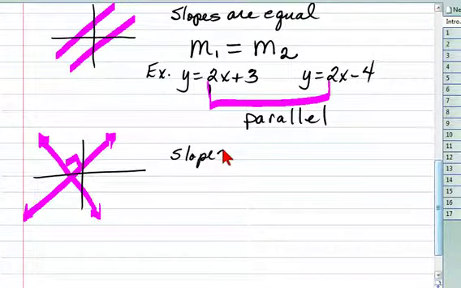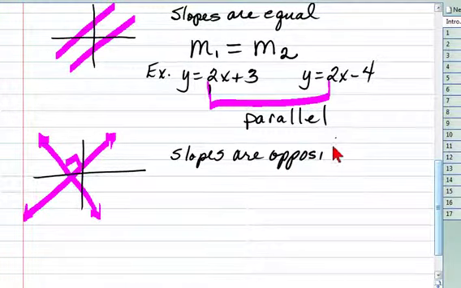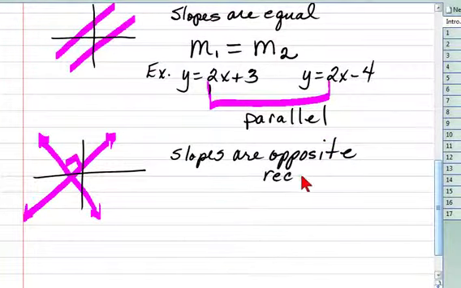All right, so slopes are opposite, because she said one would be positive and one would be negative. That's one. What's the other condition? They are opposite reciprocals.